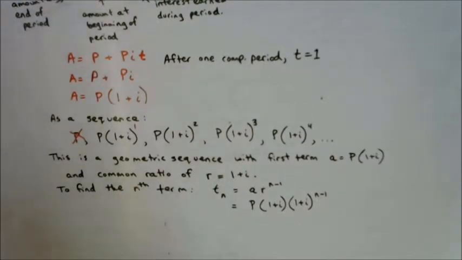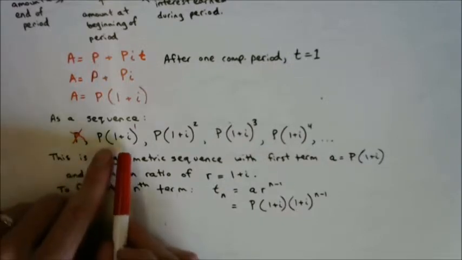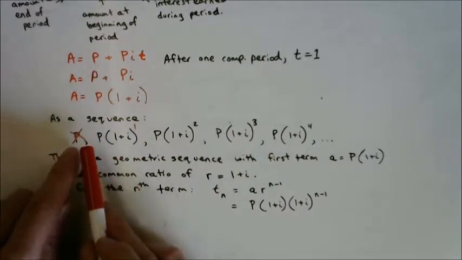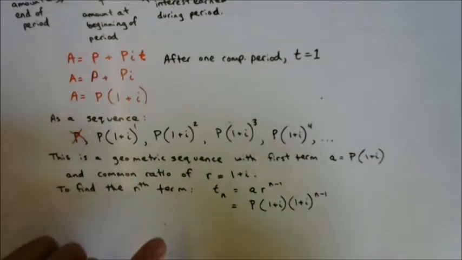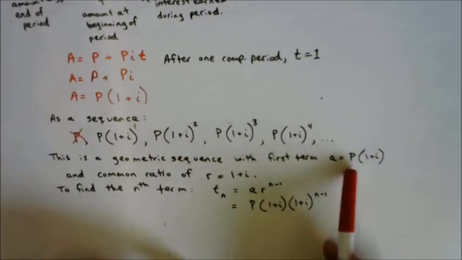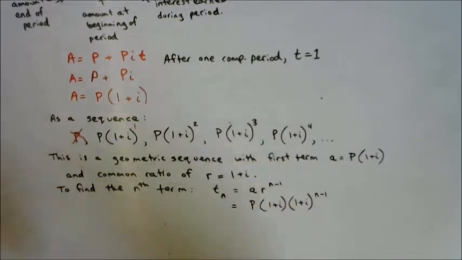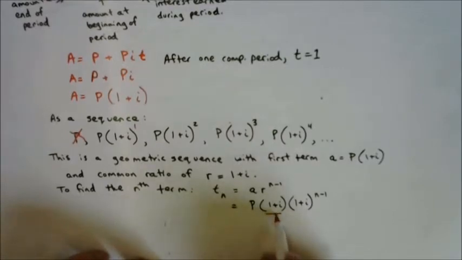Everyone's good with that? All we did was change our first term of our sequence to what's actually our first term, not our 0th term, because sequences don't have a 0th term, they start with the first term, natural numbers. Now we notice that we have a base raised to the first power and the same base raised to n minus 1.